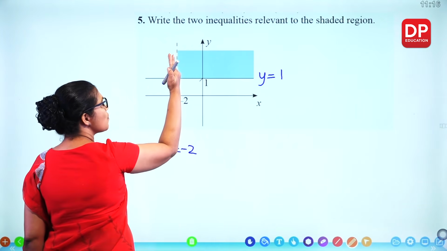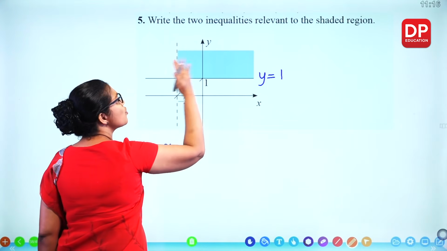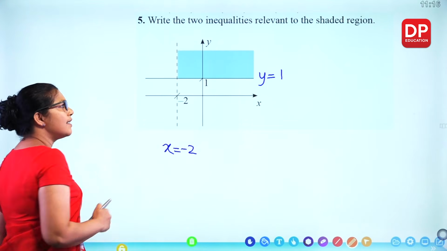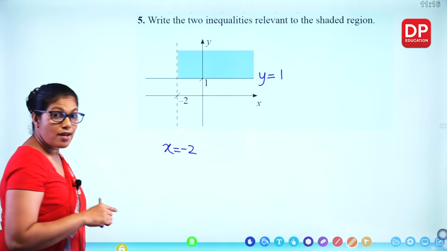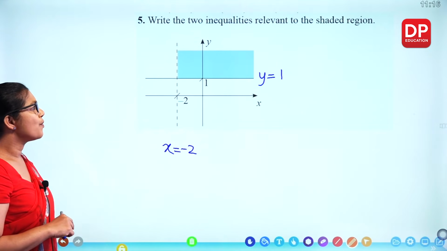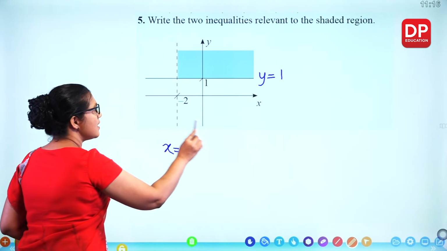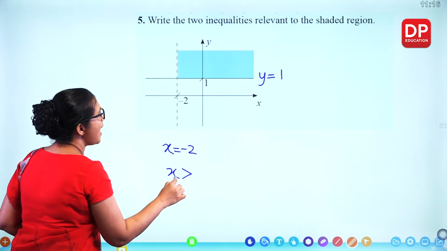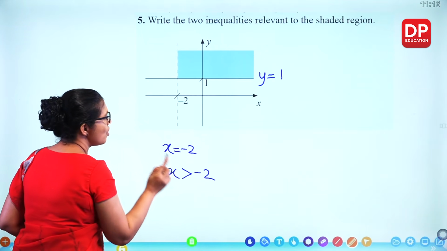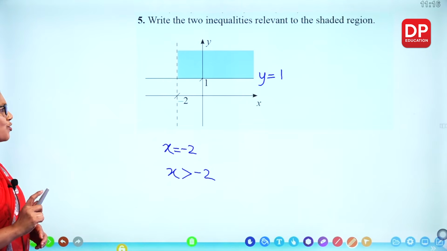If you take this vertical line, this is towards the right-hand side, so all the x values are greater than minus 2. So this region is x greater than minus 2, because this is a dashed line. You can't include minus 2.